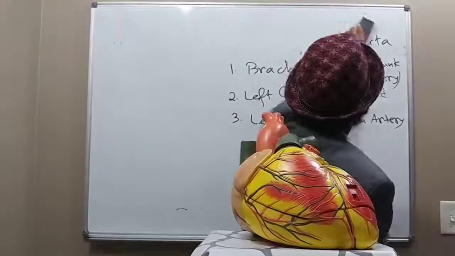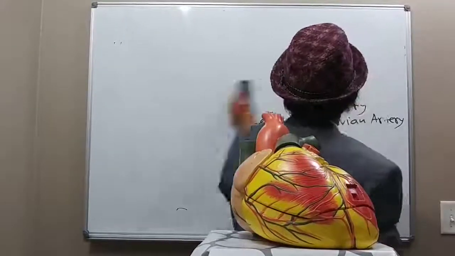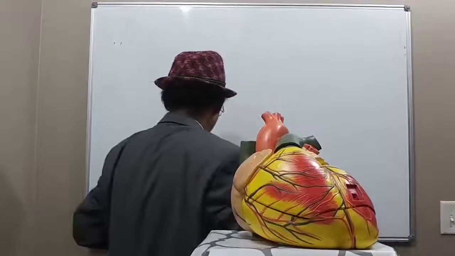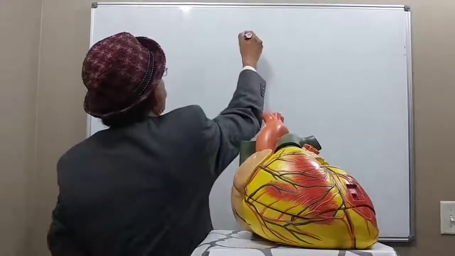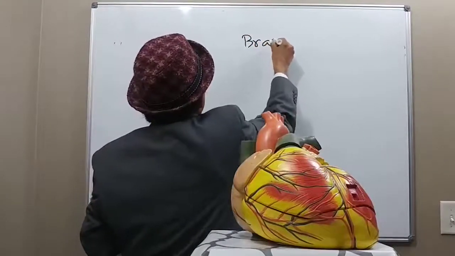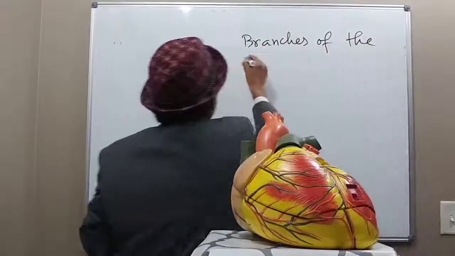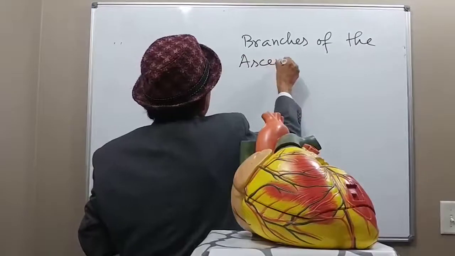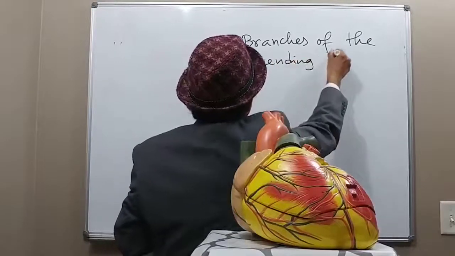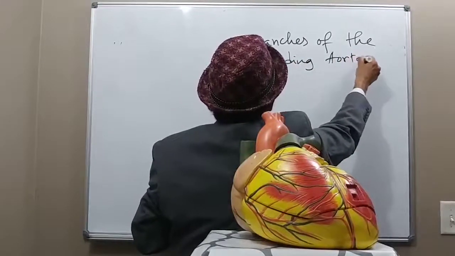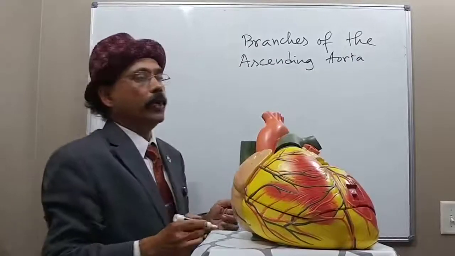So what are the branches of the ascending aorta? The ascending aorta has two branches.